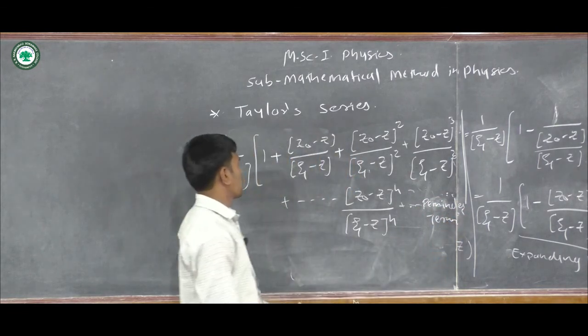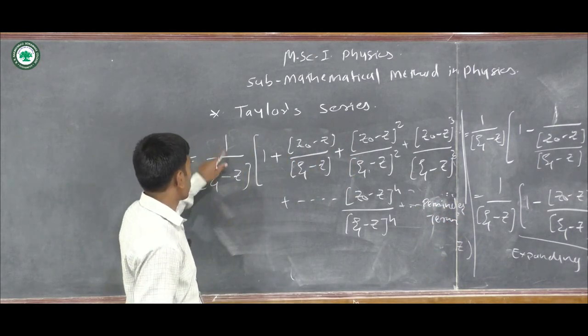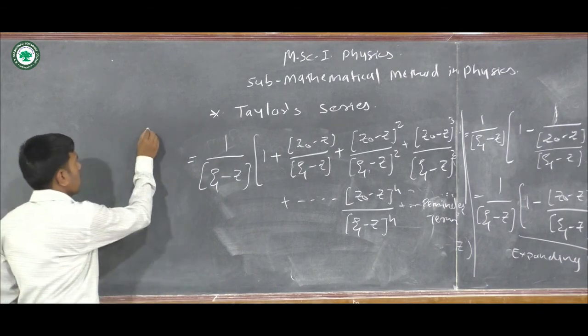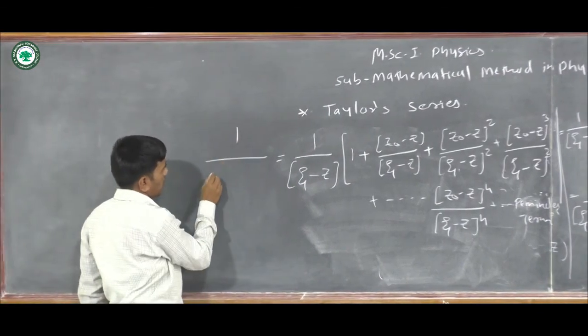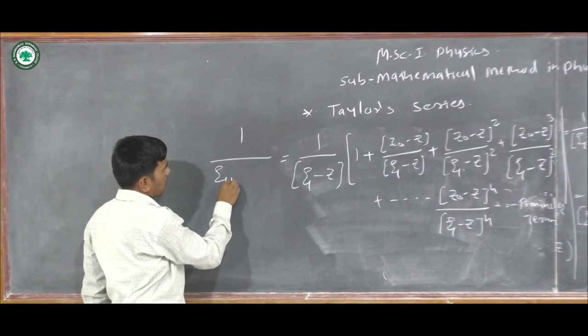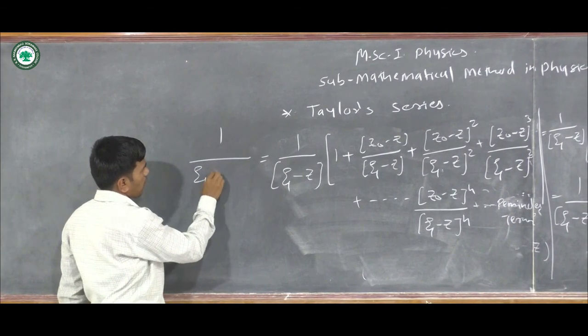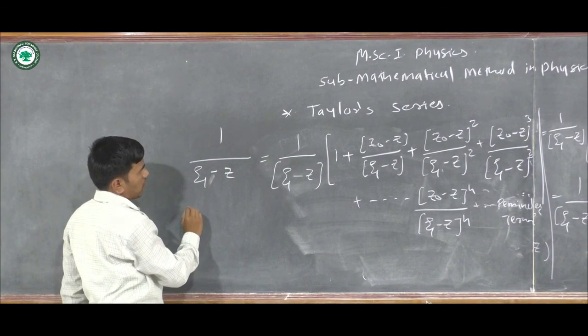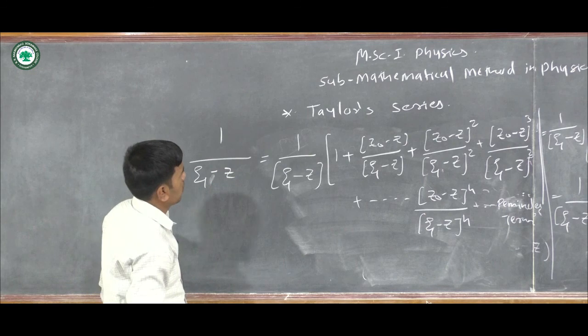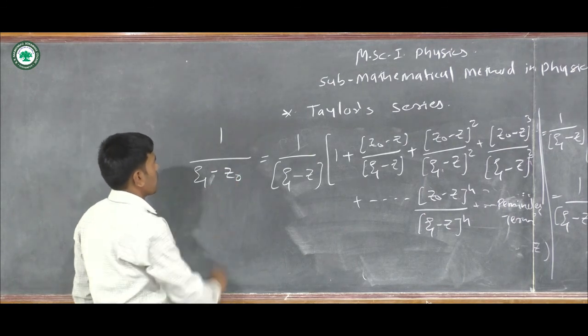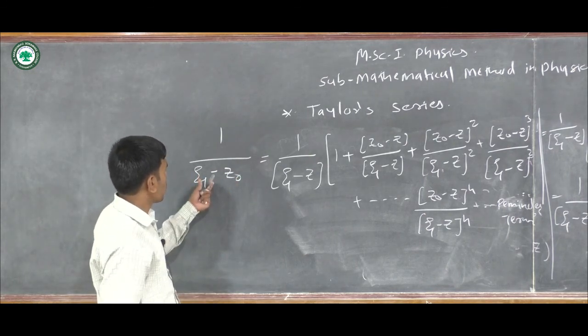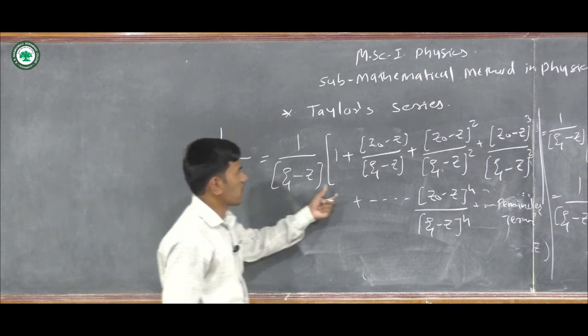Okay, so this is a series, that is what we consider is equal to 1 by psi minus z, psi minus z naught, that we consider. So psi minus z naught is equal to these things.